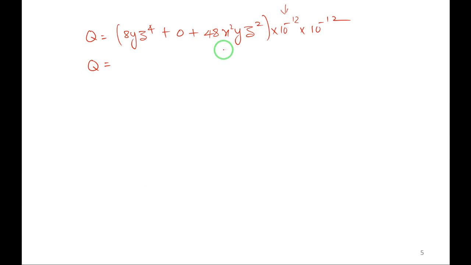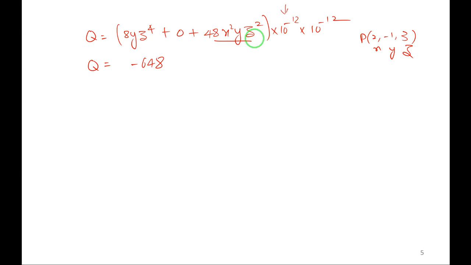So substitute the value of P. P is (2, -1, 3). So x, y, z, substitute and calculate. 8 into y is minus 1, z is 3, 3 to the power of 4, so I am getting minus 648. The second term is 0.